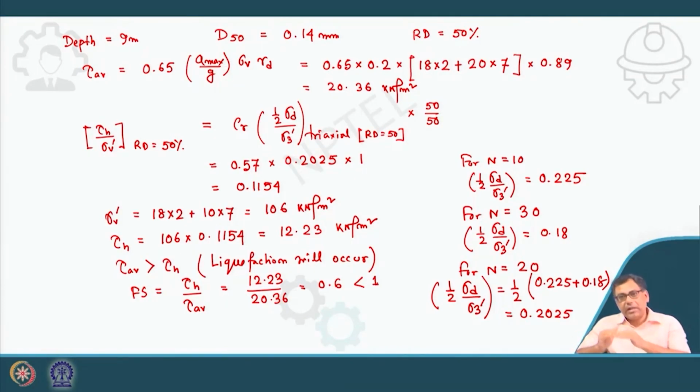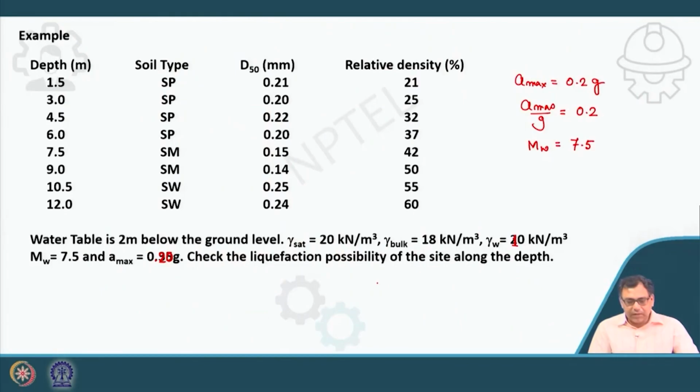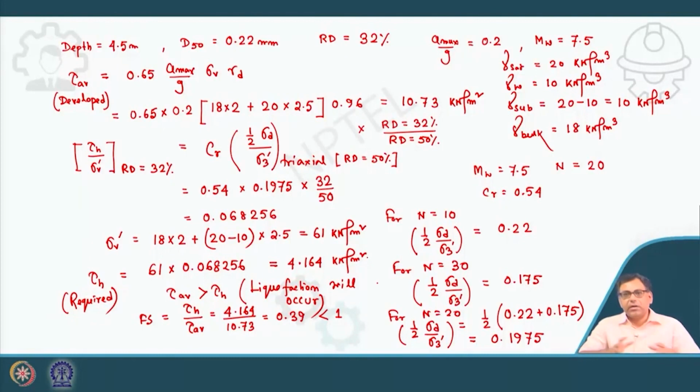Then you identify the zone of liquefaction or the depth of liquefaction. Clear? So we have data up to 12 meter, I think. Yes, 12 meter depth. So we can check for every depth up to which liquefaction will occur. And if you have more data, you can go up to say 15 meter, 20 meter also, and check up to which depth the liquefaction will occur.